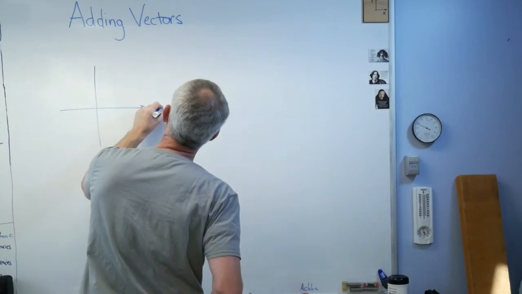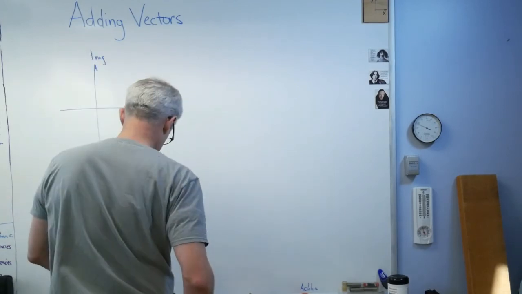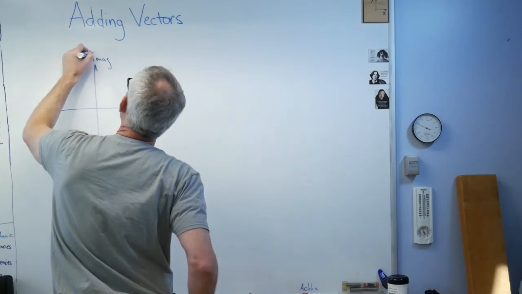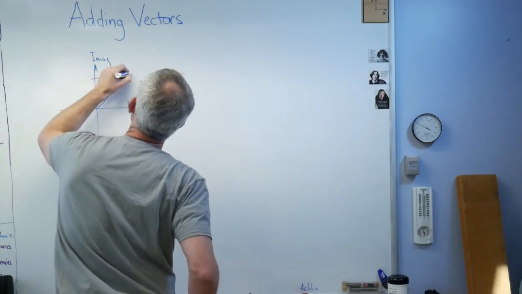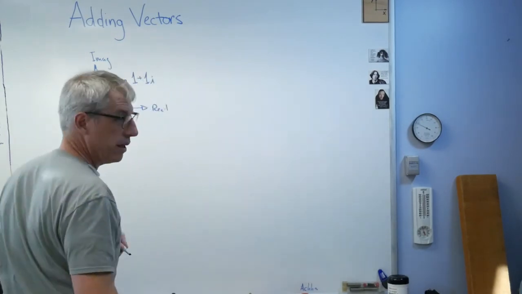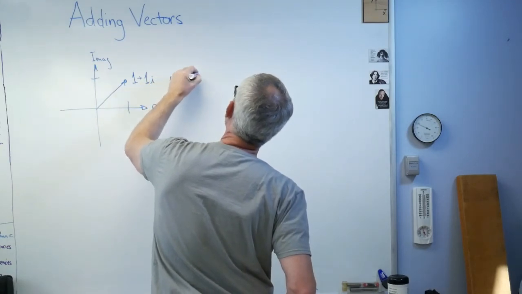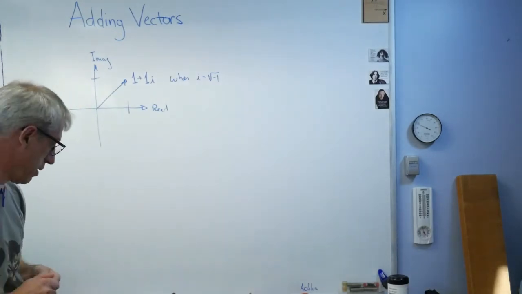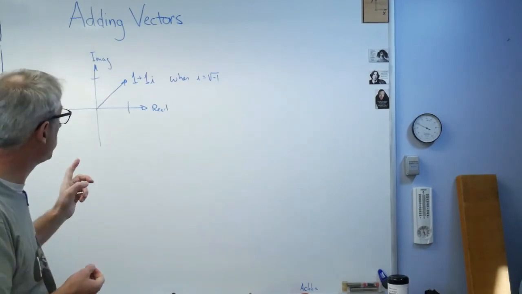If that's real and that's imaginary, I could go out this way, and that point right there would be 1 plus 1i. In this case, where i is the square root of minus 1. Now i is not the unit vector now. It really is the complex number square root of minus 1. So this is the other way you can do this.